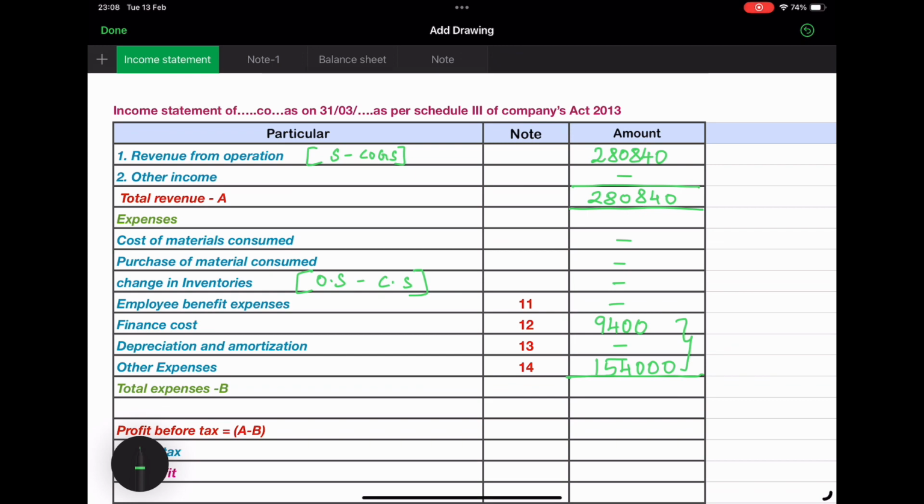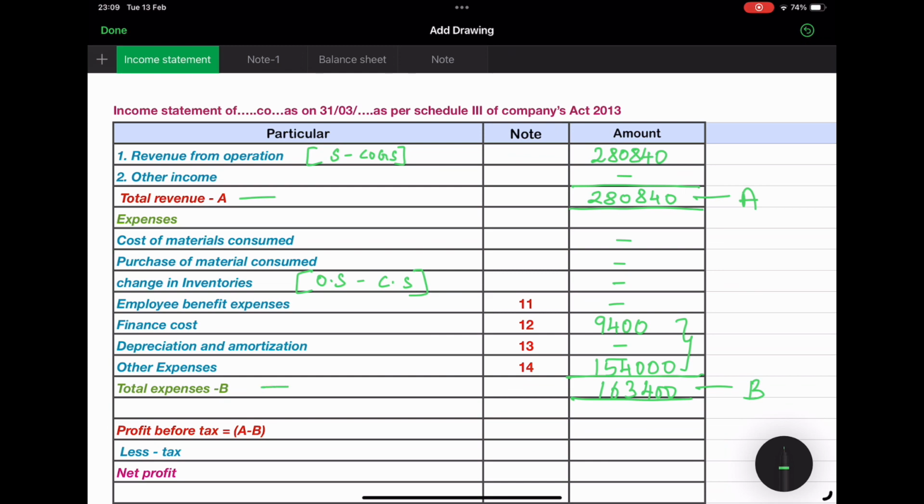Okay, in total expenses, in subtotal B, we have to add these two values. So if you add 1,54,000 plus 9,400, the answer will be 1,63,400. So this is subtotal B and this is A. Okay, so next, profit before tax is A minus B. A minus B means total revenue minus total expenses.